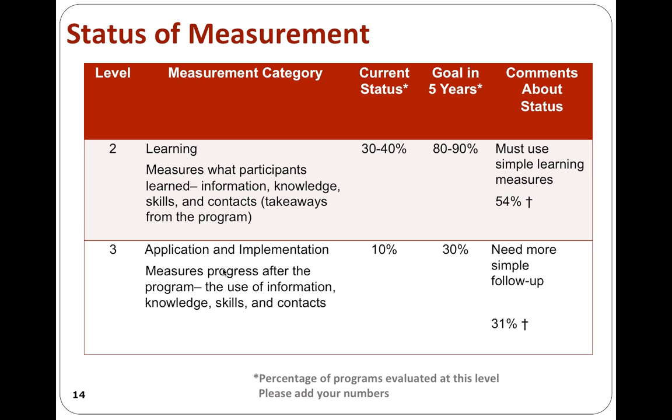I mean, how the participants are using what they've learned. That's level 3. And then 30% is our best practice. Now, you can see the benchmarking as well. So we suggest that 30% of your product training programs, you should be checking to see if they're using what they've learned. Now the impact is next.